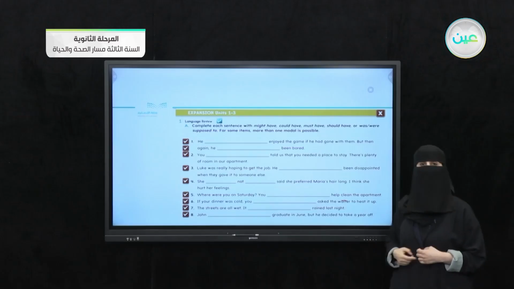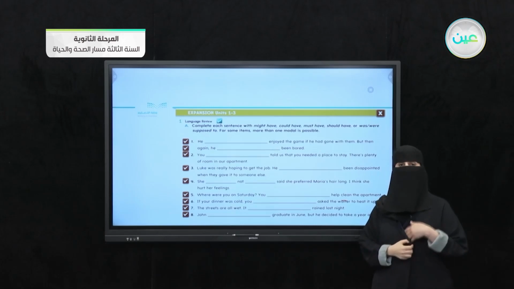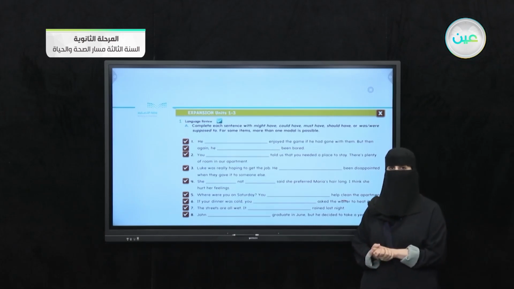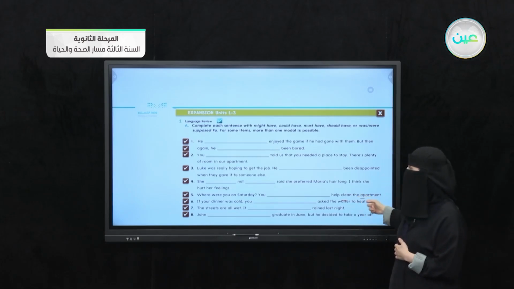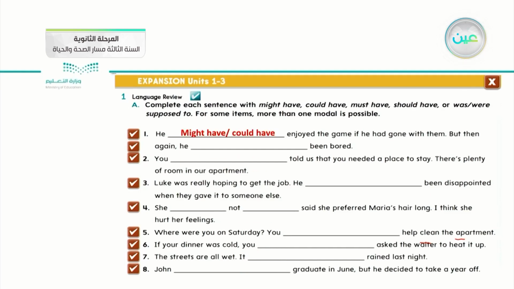So what do you think the past modal is suitable for this space? Okay, let's check together. We can use might have or could have with this sentence: he might have enjoyed the game if he had gone with them. But then again, he also might have or could have been bored.